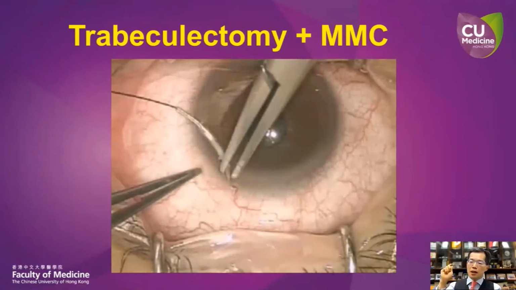Then I apply the needle through the cornea, through the peripheral cornea, about half thickness through the cornea. And I also want to make sure that I'm applying it at a position where it will not interfere with my subsequent suturing of the conjunctival wound.